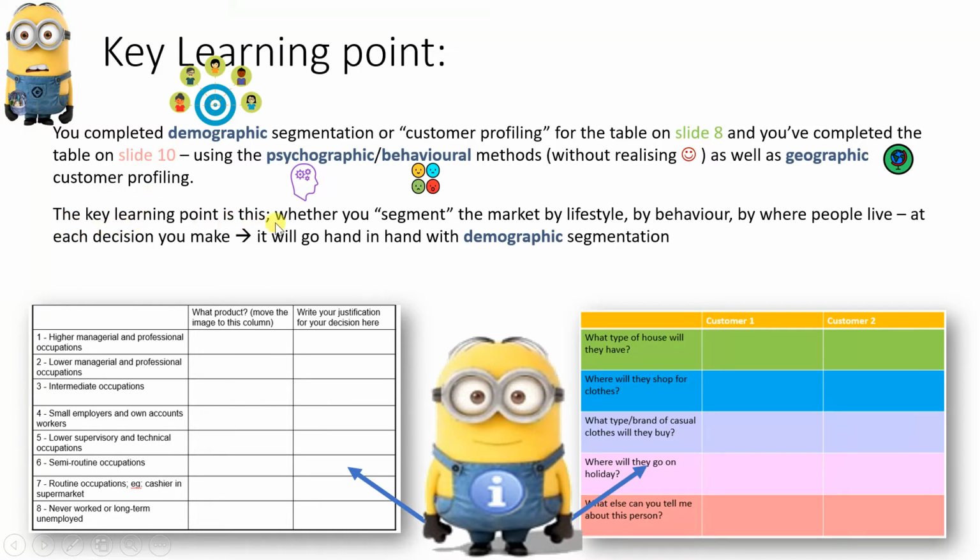The key learning point is this: whether you segment the market by lifestyle, by behaviour, by where people live, at each decision you make, you will go hand in hand with demographic segmentation.